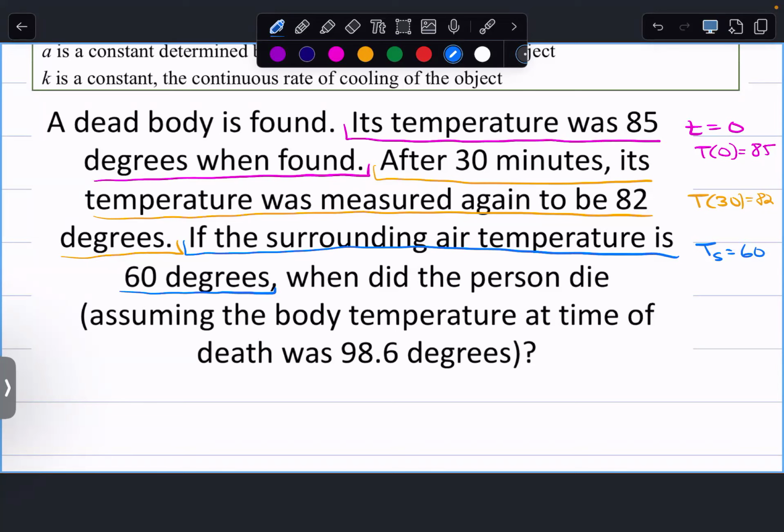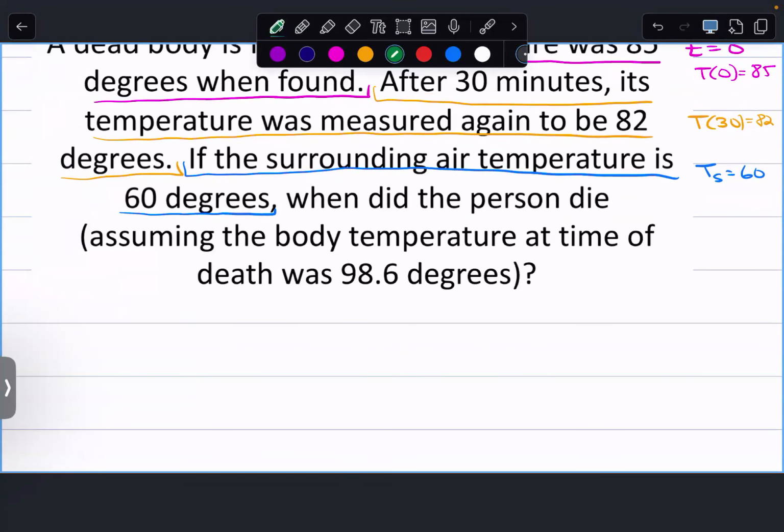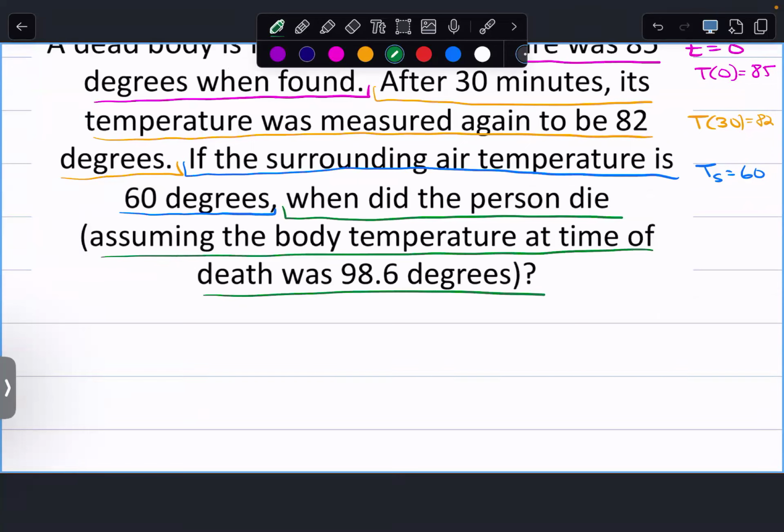When did the person die? Assuming the body temperature at time of death was 98.6 degrees. We want to find t when T of t is equal to 98.6 in the end.